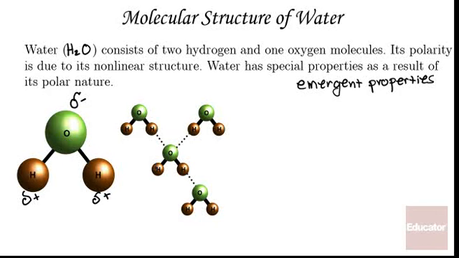Now, let's look at multiple water molecules associated with each other. Even though a particular hydrogen is covalently bonded to a certain oxygen, it also is attracted to nearby oxygen atoms. So here we have the delta negative, and on the hydrogens, delta plus.